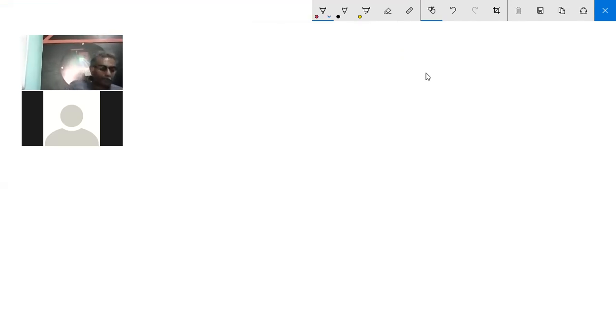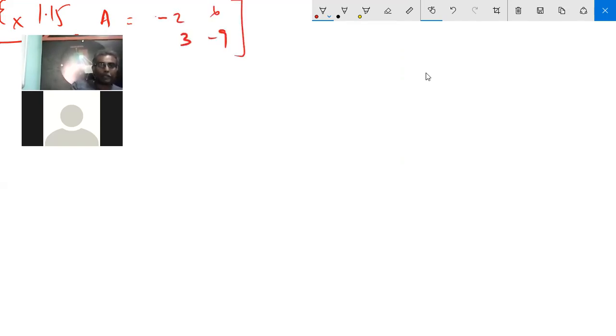Now what will we do? Example 1.15. A is equal to -2, 6, 3, -9. First, what did we do, the thing we forgot to do earlier? Delta A: -2 into -9 is 18, minus 3 into 6, which is 18. 18 minus 18 equals 0.